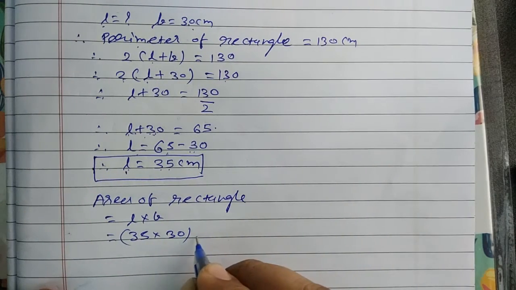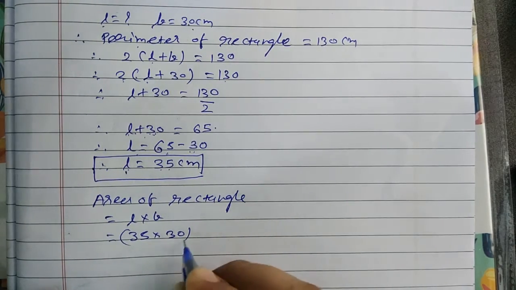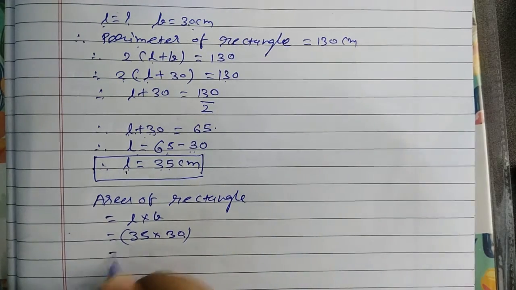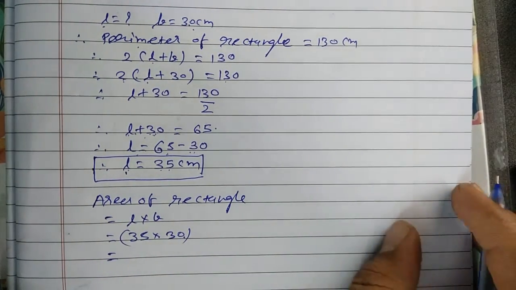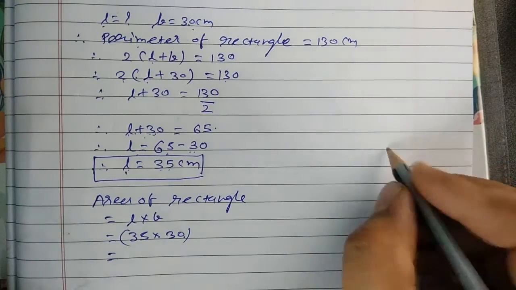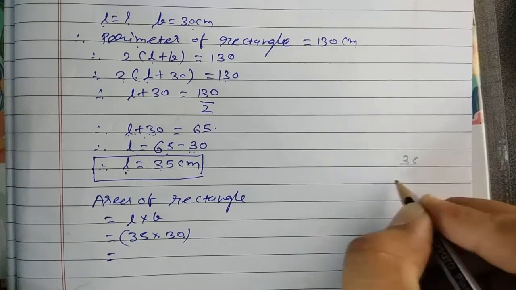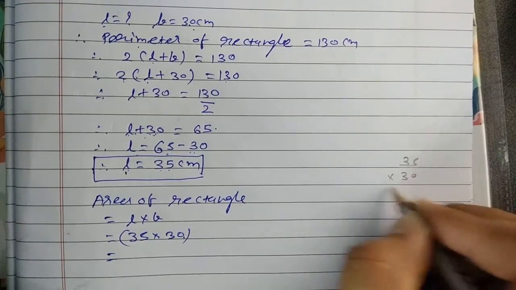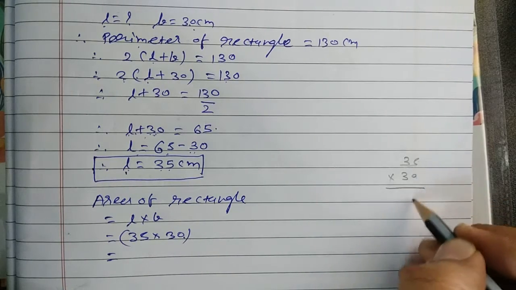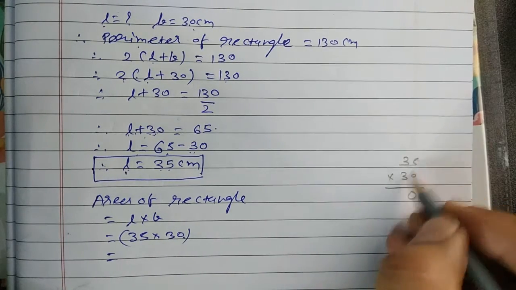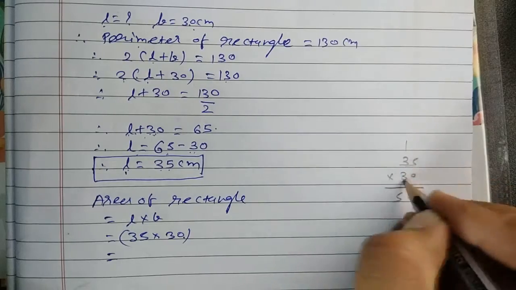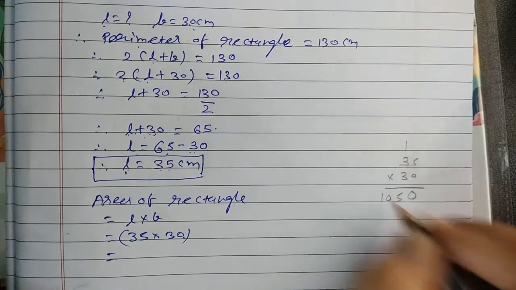So 35 multiplied by 30, and that is equal to, so here we will do this multiplication, 35 multiplied by 30. Okay, so here 0 will come, 5 3s are 15, 3 3s are 9 plus 1 is 10.